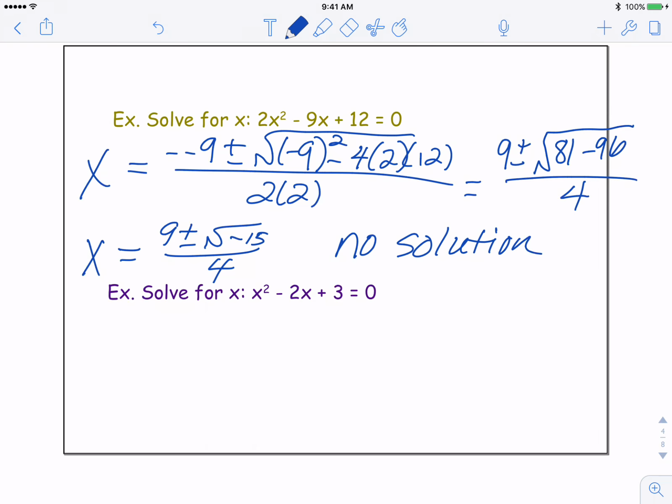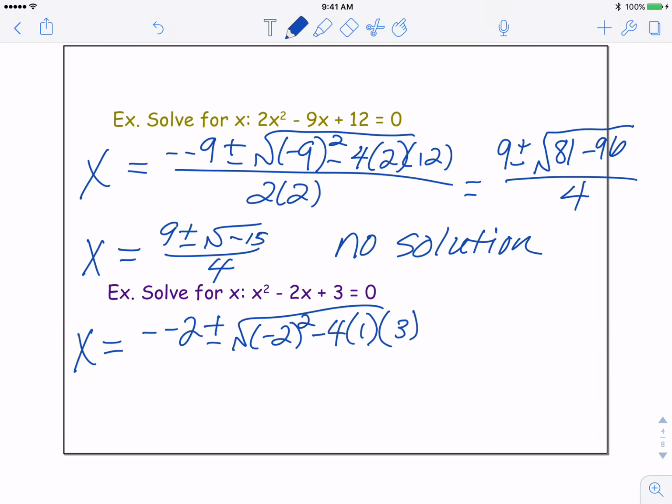All right, next example here, we have x squared minus 2x plus 3 equals 0. It's set equal to 0, so now I can either factor it or use the quadratic formula, whichever method you choose to use. If you choose to use the quadratic formula, you would have x equals negative b, because negative 2, plus or minus the square root of b squared, which is negative 2 squared, minus 4 times my a value times my c value, all over 2 times a.